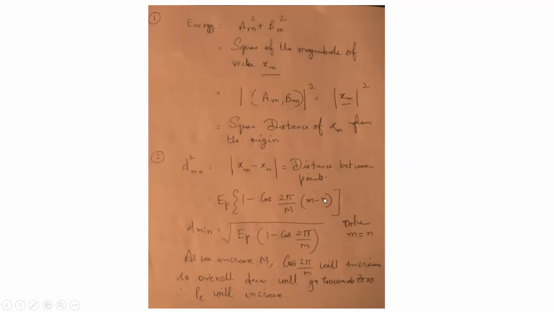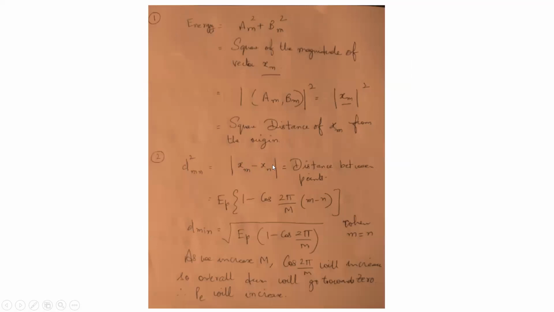In place of small m, I will use small n for the other point, and I will get the coordinates of the point corresponding to small n, and then I find out the difference. I have here the coordinates of xm also.